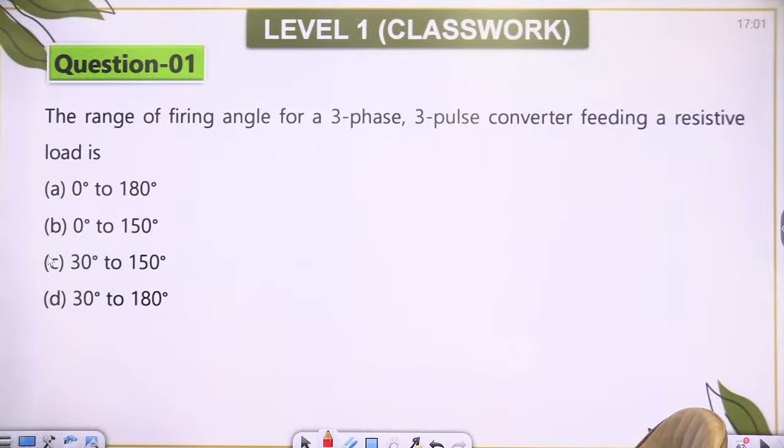चलिए ट्राई कीजिए. The range of firing angle for a three-phase three-pulse converter.